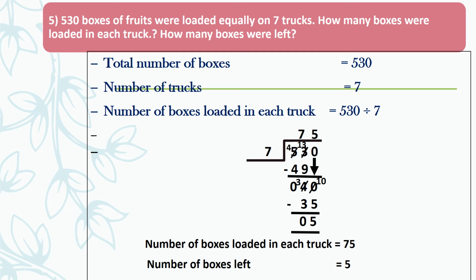We cannot subtract 0 minus 5, so we borrow, 4 becomes 3, 0 becomes 10. 10 minus 5 is 5. 3 minus 3 is 0. So the remainder that we get is 5 and the quotient is 75. So we've got our 2 answers. That is, the number of boxes loaded in each truck is 75, whereas the number of boxes left, which is the remainder, is 5. Thank you, children.